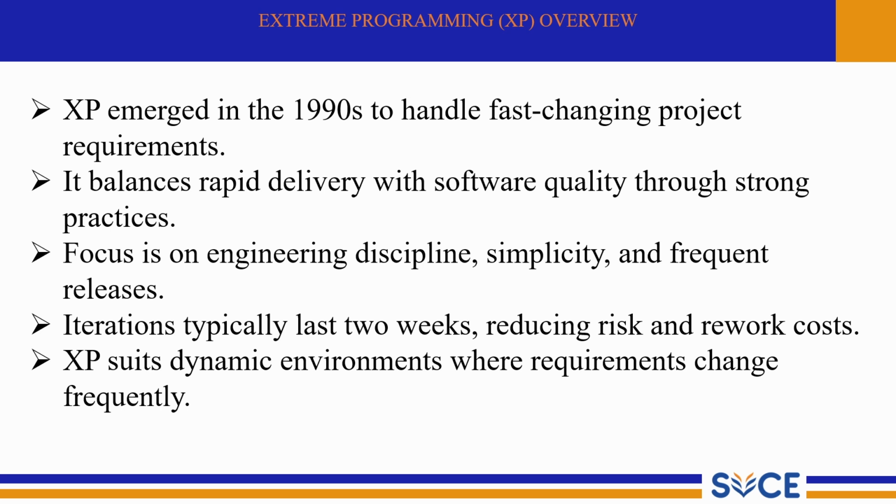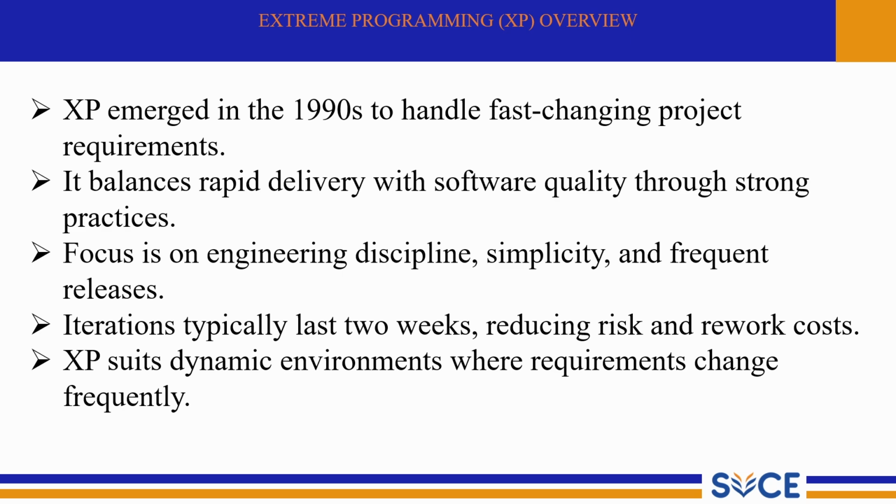And the last one is that extreme programming suits dynamic environments where requirements change frequently. When your project direction is uncertain or customers keep updating their needs, XP is very effective. Its practices make the team flexible while still ensuring the quality does not stop.